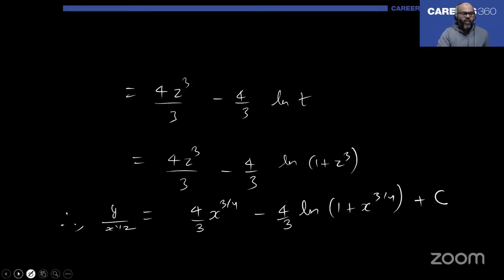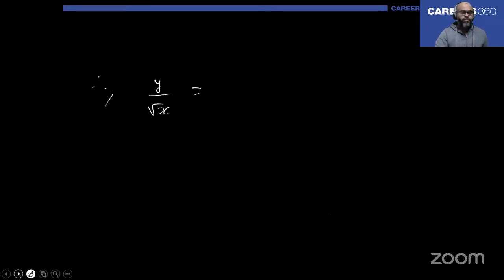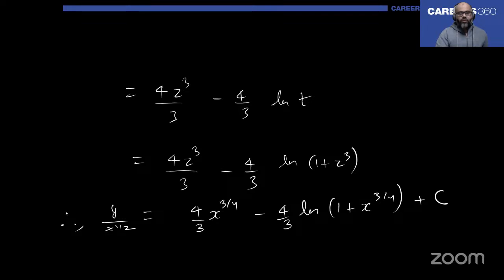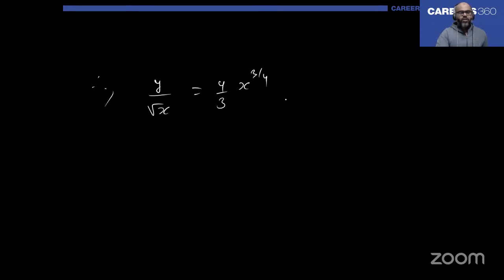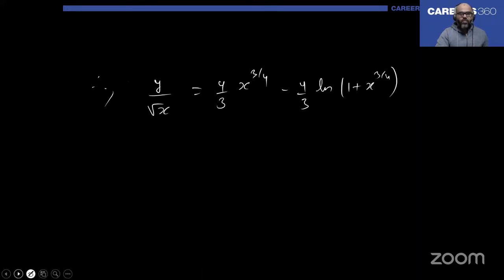So therefore, what it becomes? y by root x is equal to 4 by 3 x to the power 3 by 4 minus 4 by 3 log of 1 plus x to the power 3 by 4, and then minus 1 by 3.